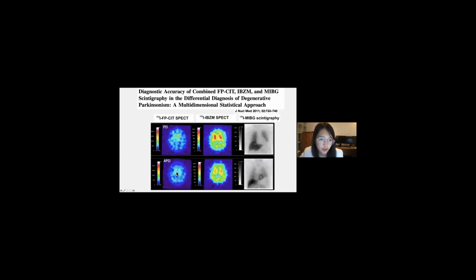Shown here, both are decreased, but in PD, which is the upper row, D2 dopamine receptor density is maintained or even increased, and cardiac MIBG uptake is severely decreased. Although in atypical Parkinsonism, in the lower row, D2 receptor density is reduced and cardiac MIBG uptake is maintained. Okay, my lecture is over. Thank you for listening.